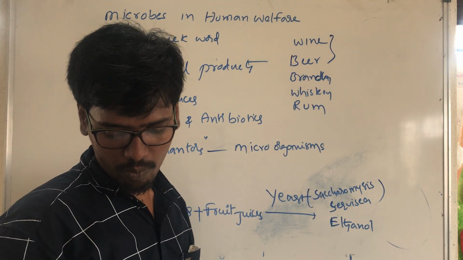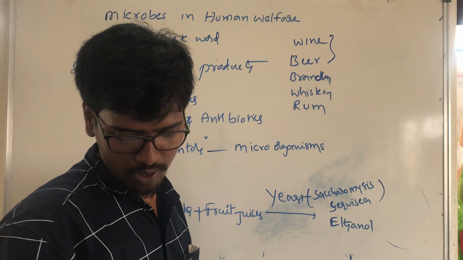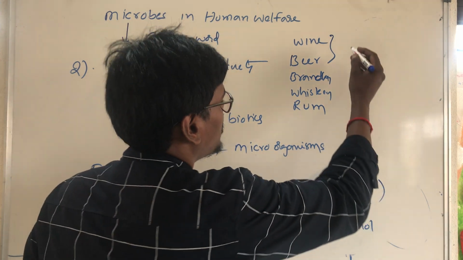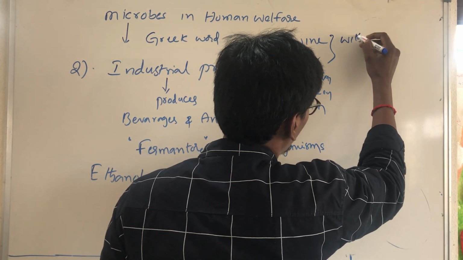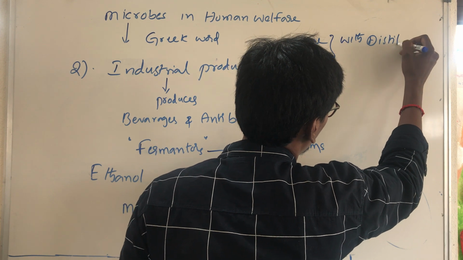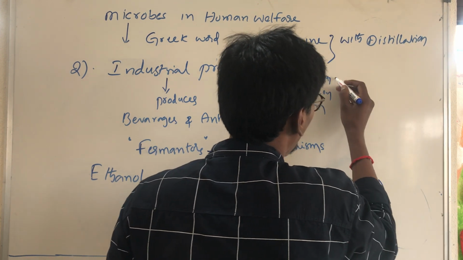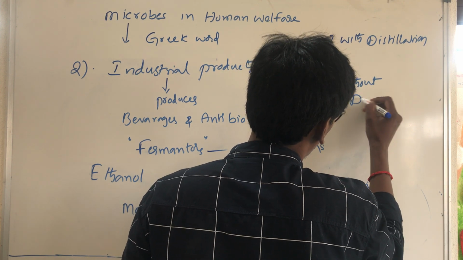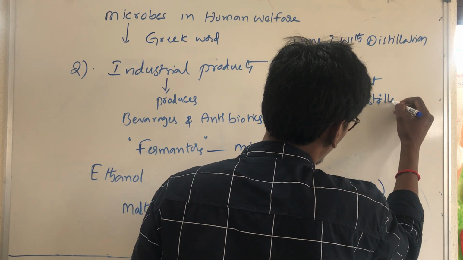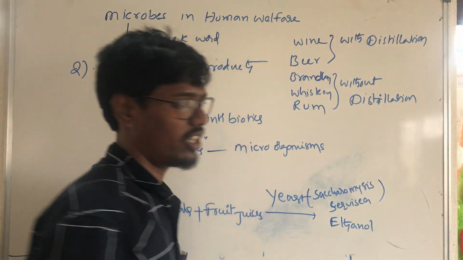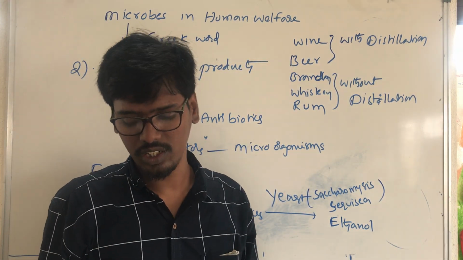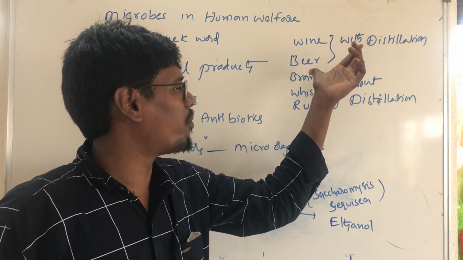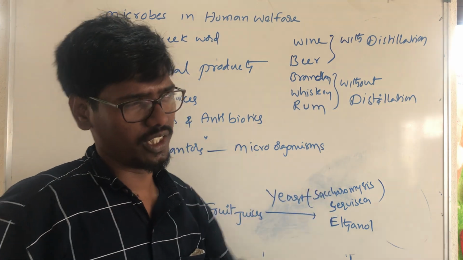Wine and beer are produced without distillation. Brandy, whiskey and rum are produced with distillation.